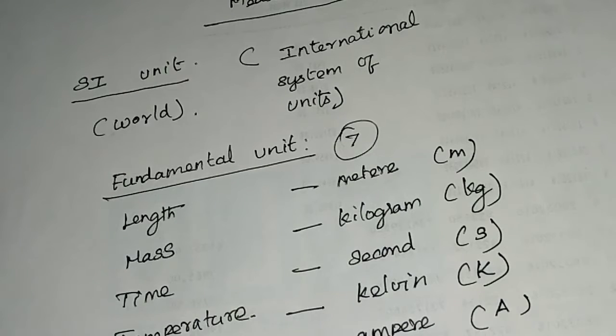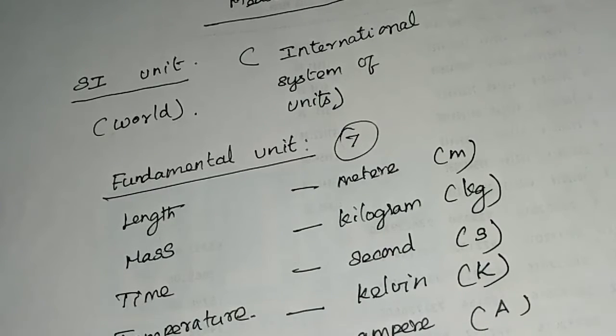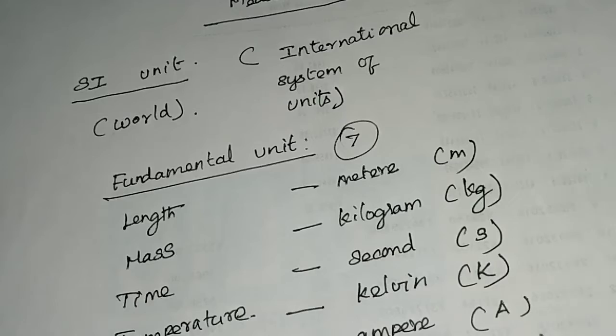Luminous means light, intensity means strength, so luminous intensity is the strength of the light. It is measured by the unit candela, and the symbol is Cd.